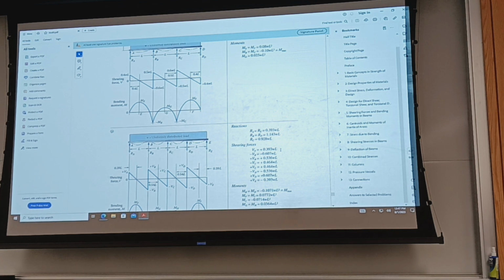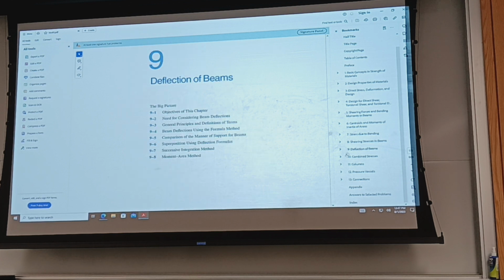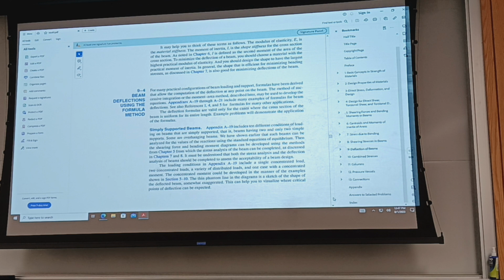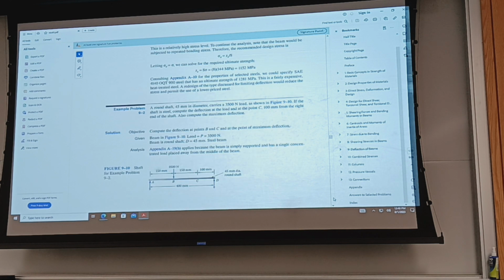For superposition using the deflection formula, I anticipated, or gave, an example of how you can combine them as the formula method. The book continues.